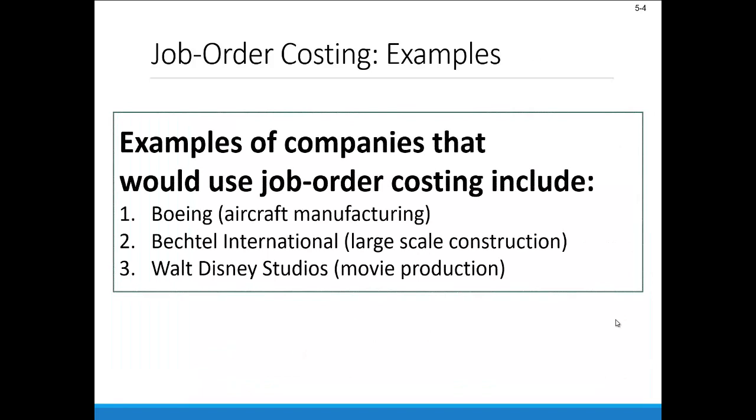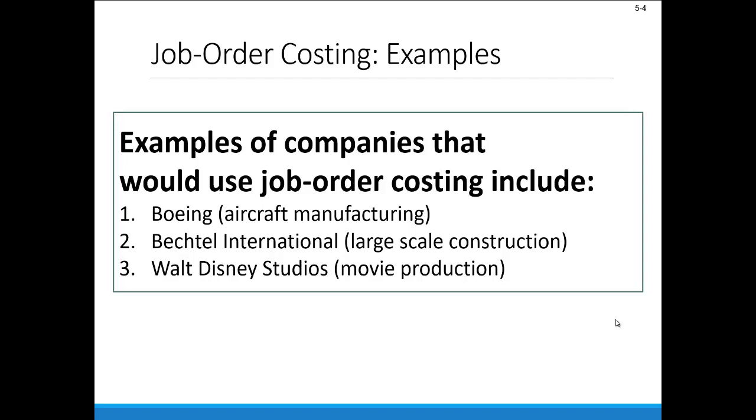So some examples of companies that would use job order costing systems would be like Boeing. They make large-scale aircraft. They take orders from Delta Airlines, American Airlines, and so on. You can think of them submitting an order to Boeing for, let's say, 10 custom 747 aircraft. Now, those look fairly similar from one to the next across different airlines, but there are some differences.